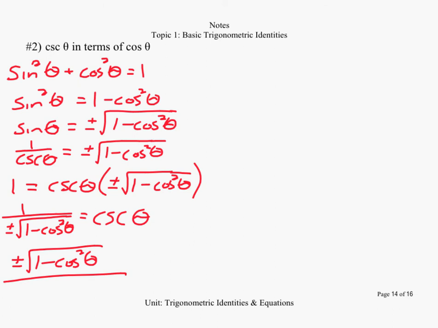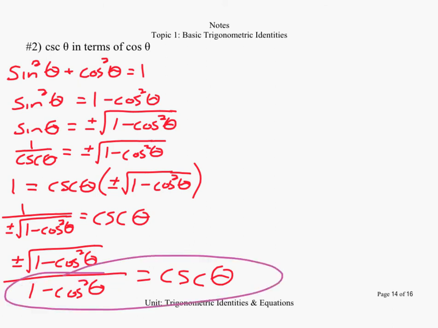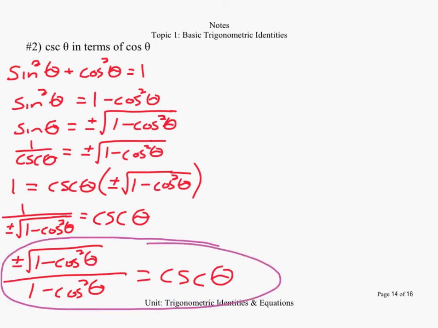The squaring and the square rooting cancel, so the bottom is just 1 minus cosine squared of theta. What I'm saying is the bottom did have a square root, and if you square it, the square and the square root cancel. Finished.